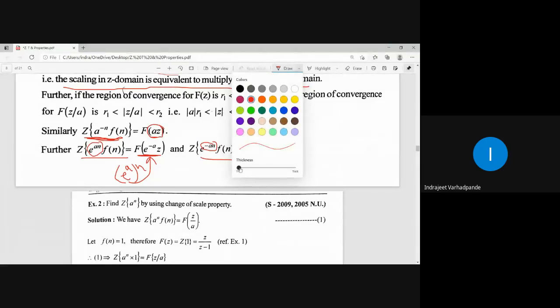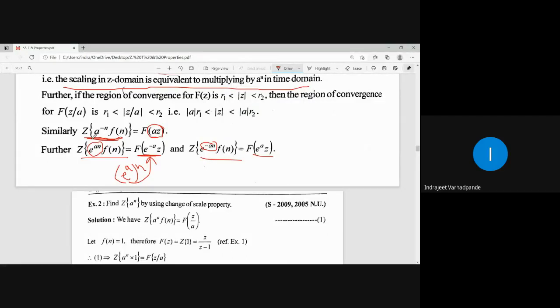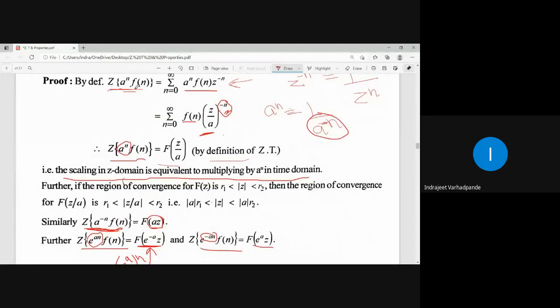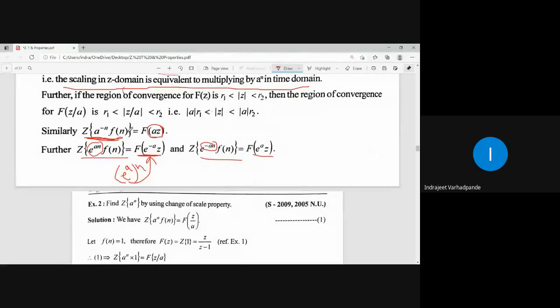So accordingly, whenever we get the answer, we try to simplify. So always remember, damping rule or scaling in z domain: a to the power n into f of n gives f of z by a. A to the power minus n into f of n is f of az. E to the power an is e to the power minus a. E to the power minus an is e to the power a.